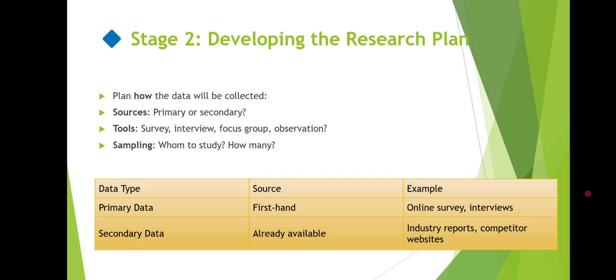Primary data means first-hand data, for example online surveys and interviews. Secondary data is already available, for example industry reports and competitor websites.